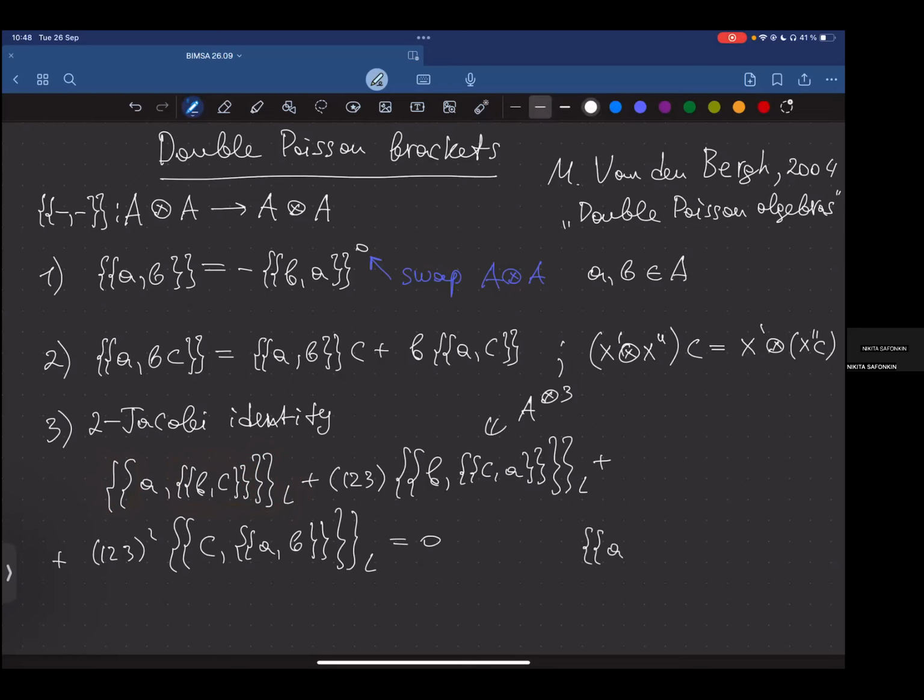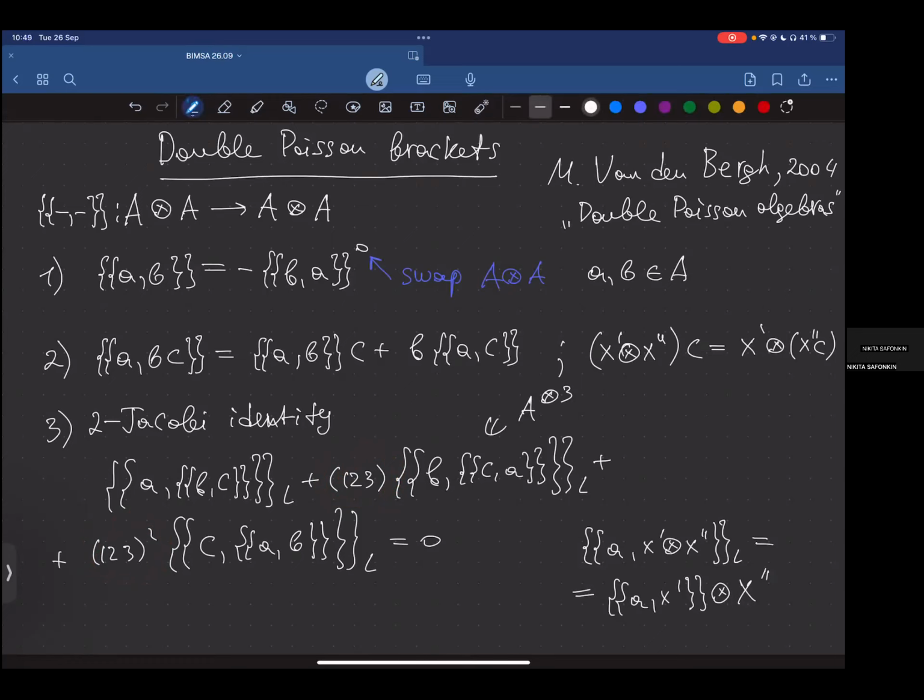So let me write this down. And this 1, 2, 3, which appears here and here, is just the permutation of the factors in the tensor cube that pushes everything to the right.